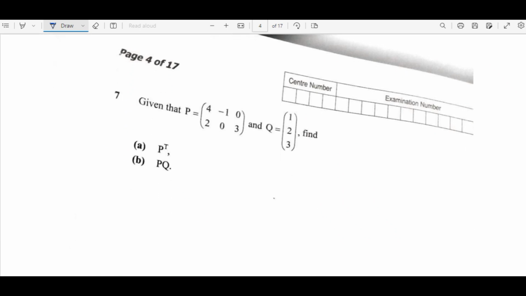Okay, so we have question 7 here. Given that P is the matrix with rows (4, 2) and (-1, 0) and (0, 3), and Q is a matrix like that. You have to understand and observe what matrix this is.